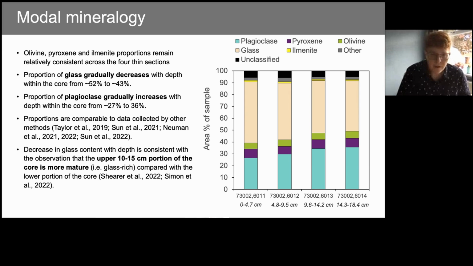In terms of interpretations, it's been noted by other studies that the upper 10 to 15 centimetre portion of the core is more mature, i.e. glass rich, than the lower portion of the core, and thankfully we were able to pick that out with the ChemScan data as well. So it suggests to us that the lunar mineral definition list that we've got is working quite well, and it's a quick and easy way for us to extract some really useful information from these samples.